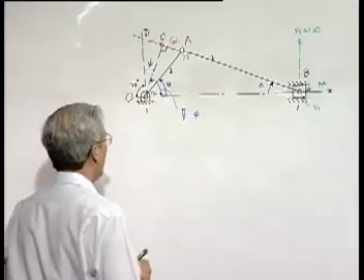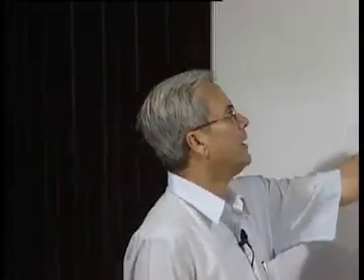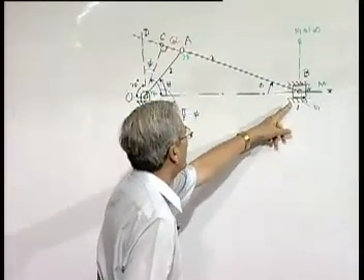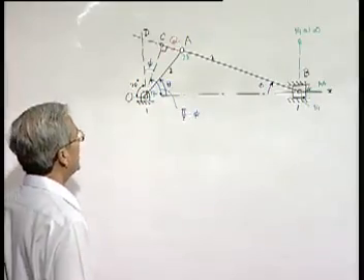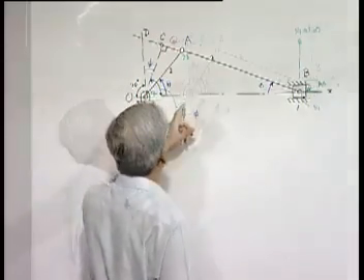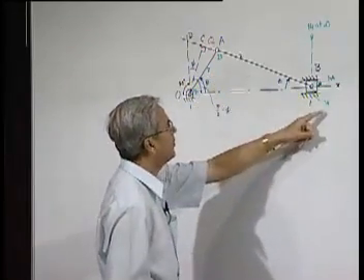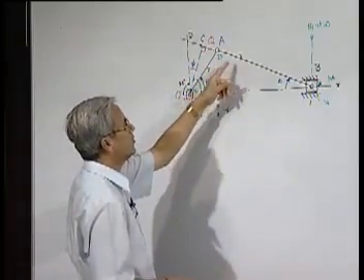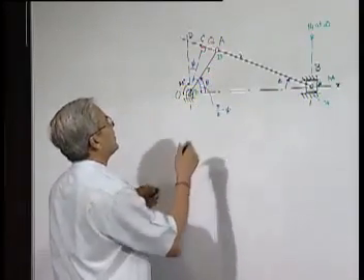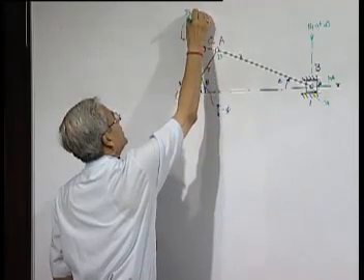So, if we want to find the relative instantaneous center between link 2 and link 4, that means 2, 4, how can we find it? Considering links 2, 3 and 4, we know that 2, 3, 3, 4 and 2, 4 must lie on the line joining 2, 3 and 3, 4. So, this is the line on which 2, 4 lies.